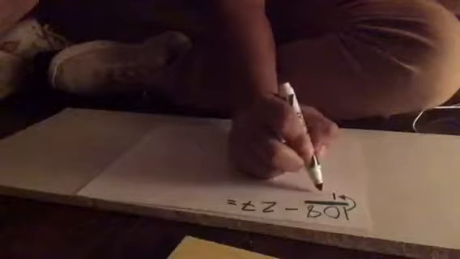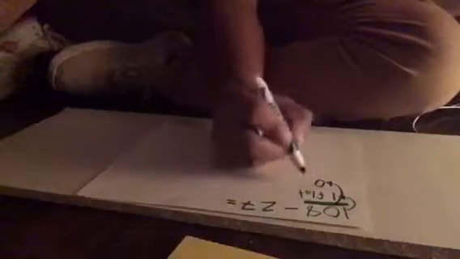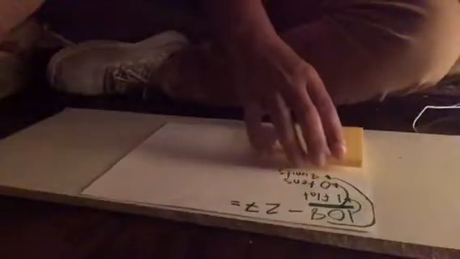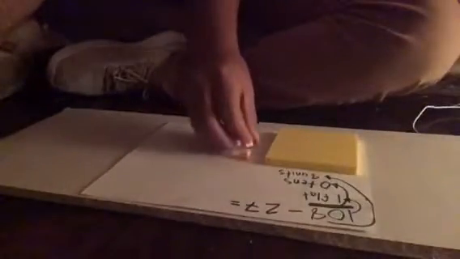So this is one flat, 0 tens, and finally 8 units. So I'm gonna start off with one flat, 0 tens, and 8 units.